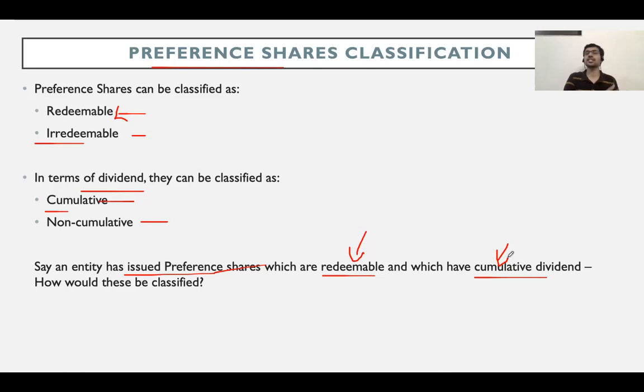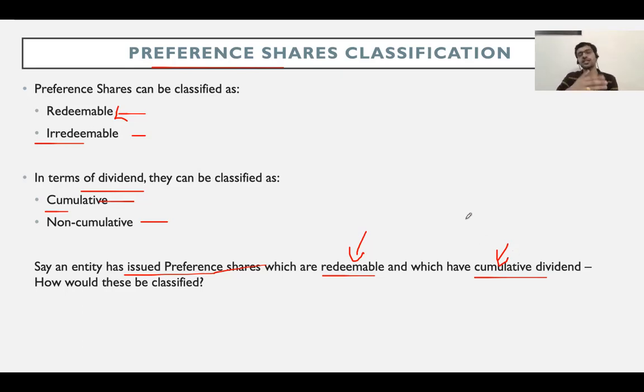And this is the sea change that we are talking about. Maybe not many entities issue preference shares, but this is the change in logic that everybody is talking about on implementation of Ind AS, because something that was earlier classified as part of shareholders' funds, as part of equity, is all of a sudden being classified as a liability when you transition to Ind AS.